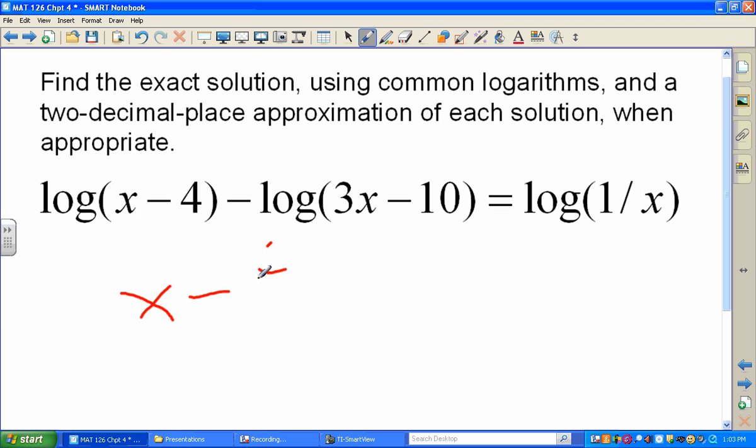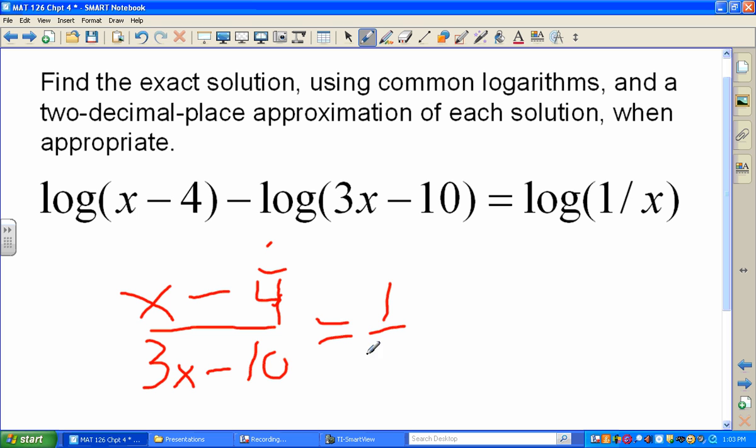X minus, yeah, that's a big one. Minus 4. There we go. Divided by 3x minus 10. Perfect. And what's that going to equal? Very good. Equals 1 over x.